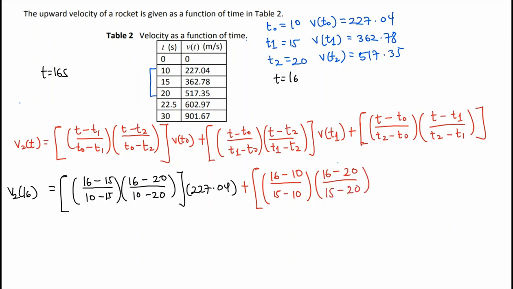All this multiplying v of t1, which was 362.78.